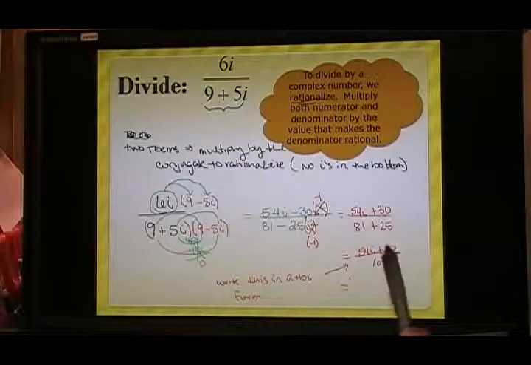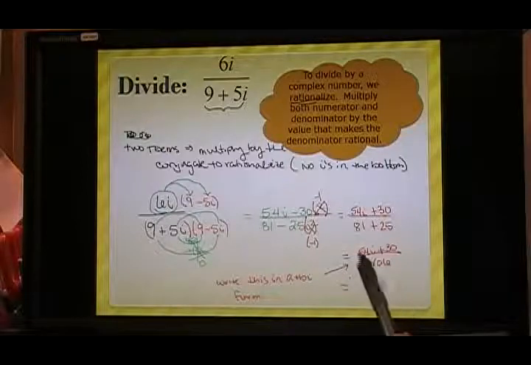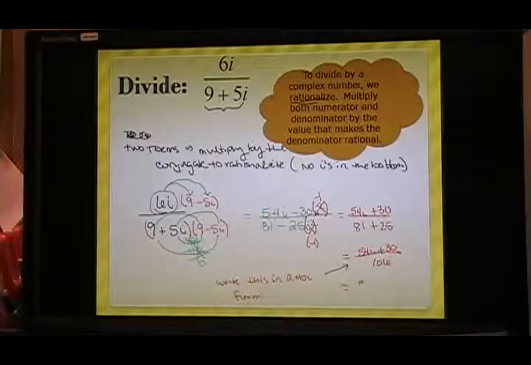So the real part would be 30 over 106, and 54 over 106 i. So this would be 30 over 106 plus 54 over 106 i. And as always expected, you should simplify that fraction.